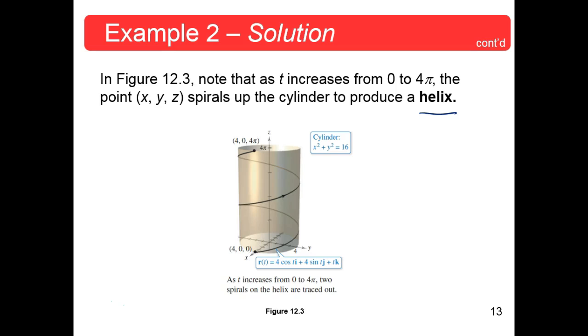Now, in examples 1 and 2, you are given a vector-valued function and asked to sketch the corresponding curve. The next two examples address the reverse problem, finding the vector-valued function to represent a given graph. Of course, when the graph is described parametrically, representation by the vector-valued function is straightforward.